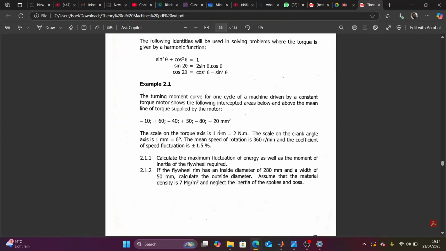The mean speed of rotation is 360 rpm, and the coefficient of fluctuation of speed is this. Calculate the maximum fluctuation energy as well as the moment of inertia. Before you solve any question in this topic, you need to be able to solve for EF. It's a must. So in this case, how do we deal with it?